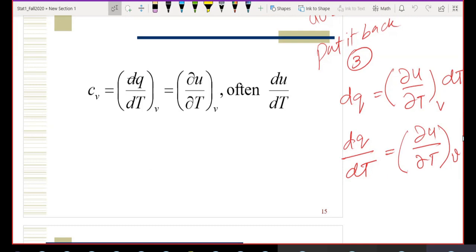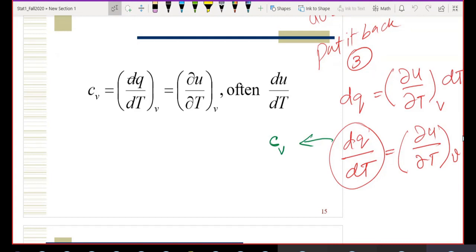And now you know that dq over dt, you have just defined dq over dt. What is that? Just a while ago you defined it. This is your C, heat capacity. And now you are taking which case? Volume constant. So this is your CV.